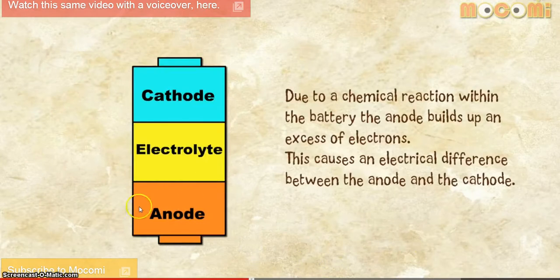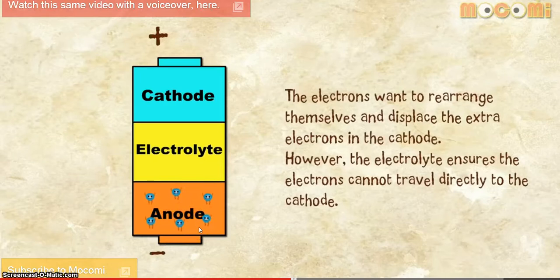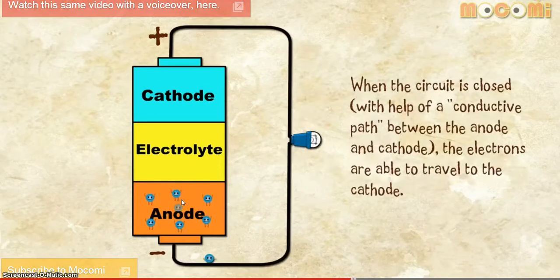Parts. Right here in the anode is where your chemical reactions are taking place, and the result of those chemical reactions are these electrons. So chemical energy. The electrons want to get to the cathode, but the electrolyte insulates it, so the electrons can't go through the electrolyte to the cathode. So instead, they have to travel on some kind of a conductor, like a wire.